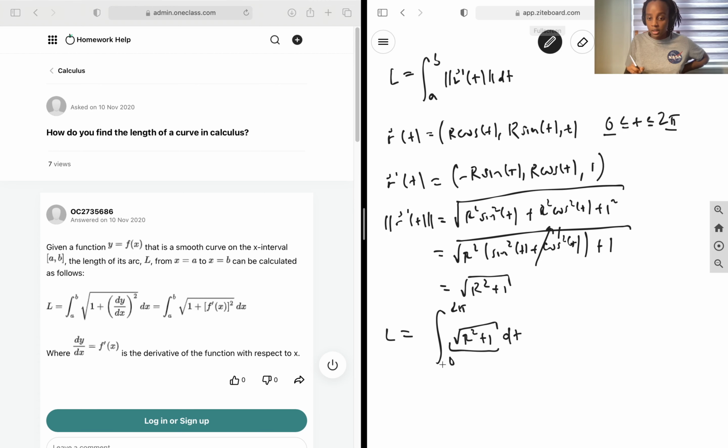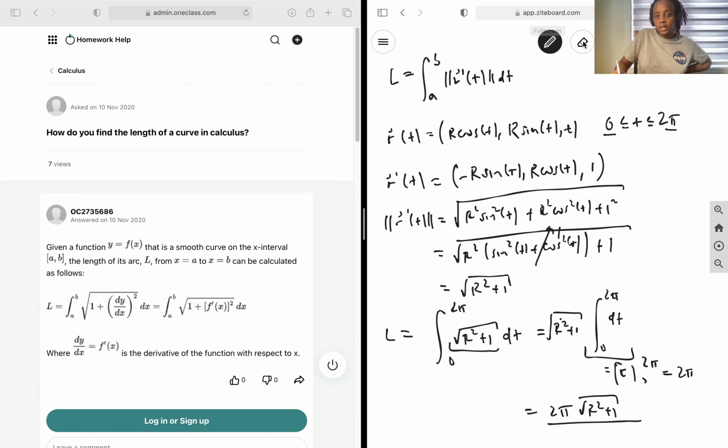This doesn't involve any t variable, so we're just going to pull it right out of the integral to become root r squared plus 1 times the integral from 0 to 2 pi of dt. This simply becomes t from 0 to 2 pi, and this is equal to 2 pi. So our final answer becomes 2 pi root r squared plus 1.